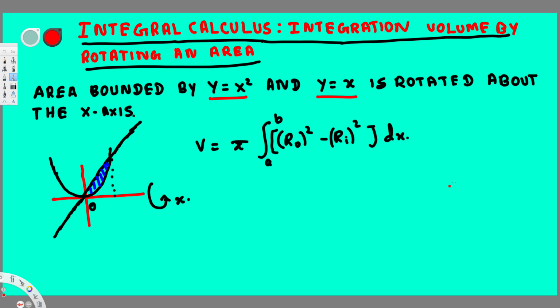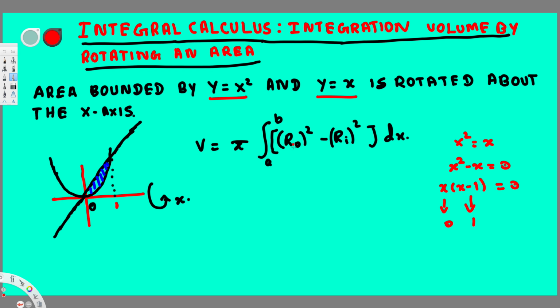Now if I equate x squared with x, I can rearrange this to x squared minus x equal to 0, and if I take x common, this is going to be x times (x minus 1), and from this I know x is going to be 0 and x is going to be positive 1. We know 0 already, and this one is 1. Now we have the limits of integration. This is going from 0 to 1.